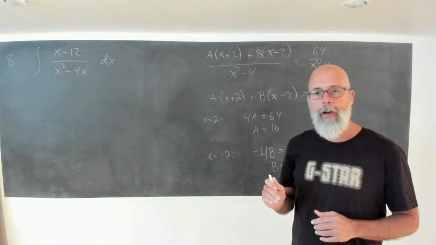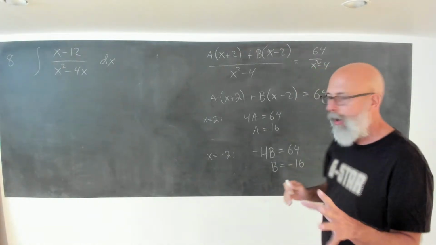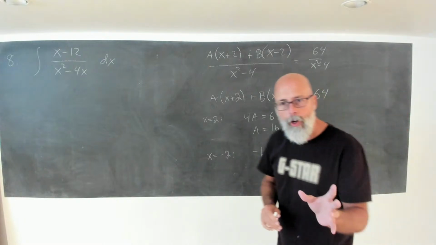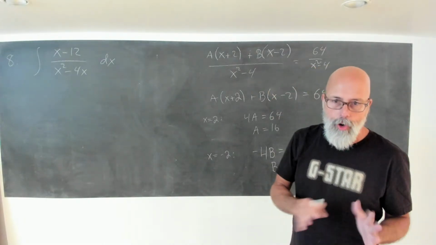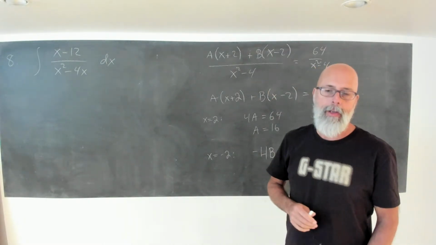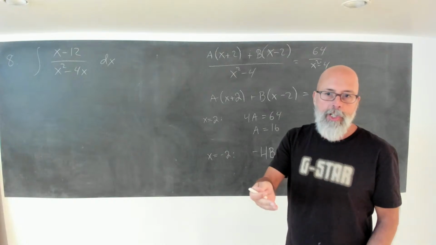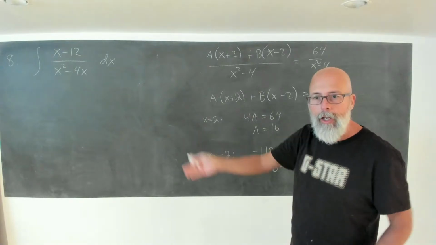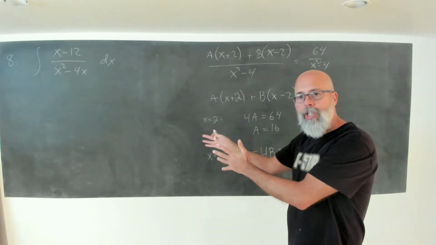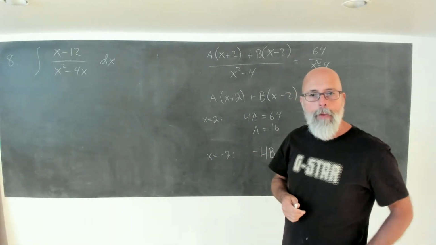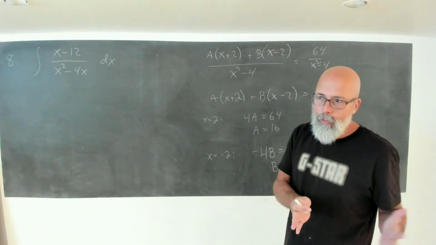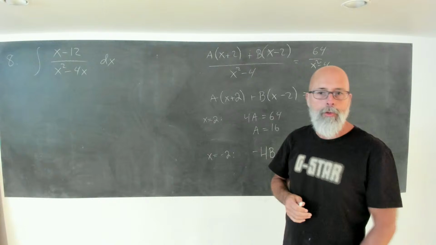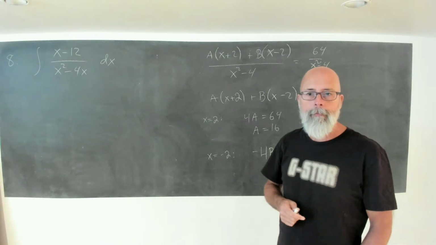One polynomial divided by another. Now, that first part was just a polynomial in its own right, so there's no decomposing that. And imagine yourself in the context of an integral. If you were integrating the polynomial plus 64 over x squared minus 4, the polynomial in the beginning is easy to integrate. So it's only the 64 over x squared minus 4 that you need to worry about.